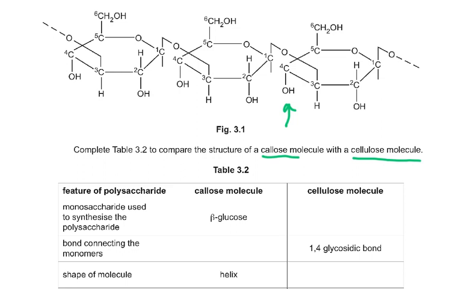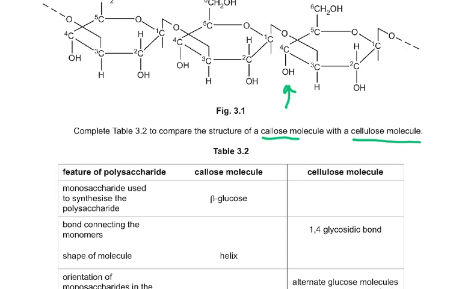Now you know cellulose is made up of beta glucose. What do you see here? This is also beta. Alpha below, beta above on carbon 1. Now you look at it very carefully.